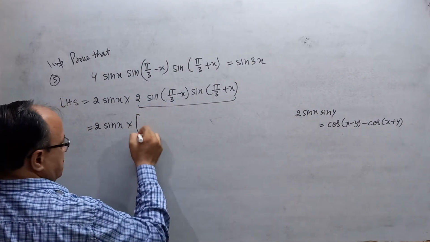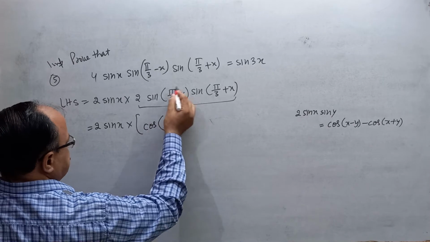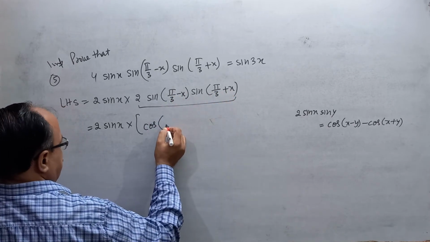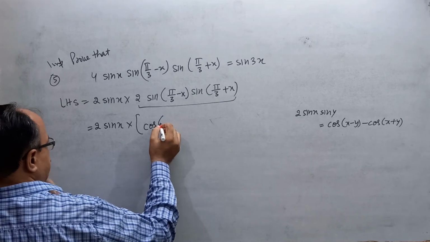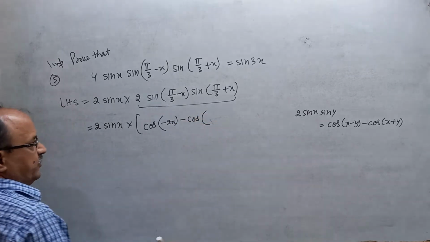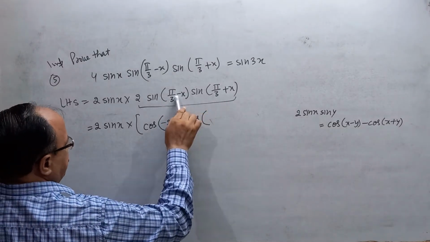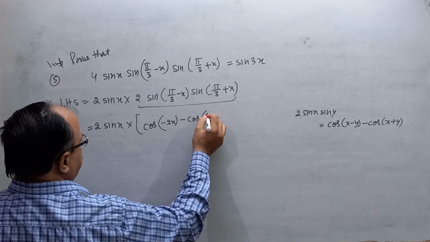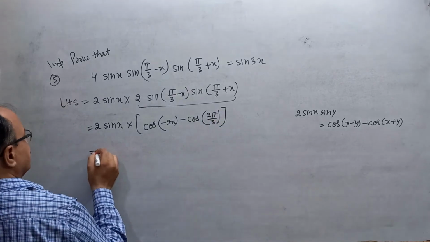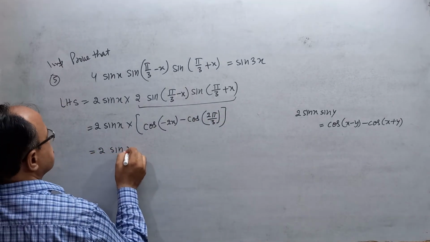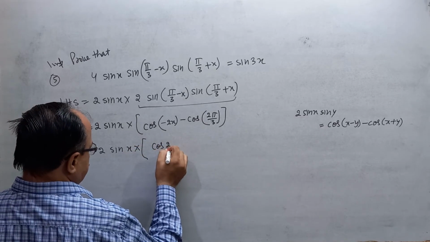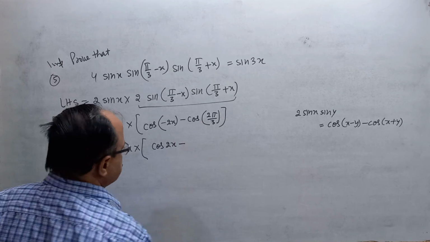Now apply here cos (x minus y). This is x and this is y. When you subtract, you get minus 2x, minus cos of x plus y. When you add, that is 2 pi by 3. So 2 sin x into (cos 2x minus cos 120).